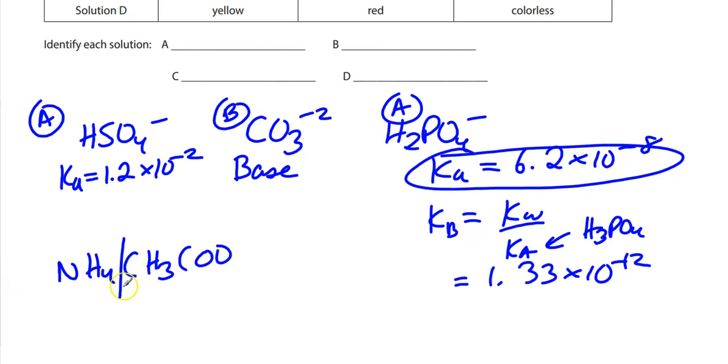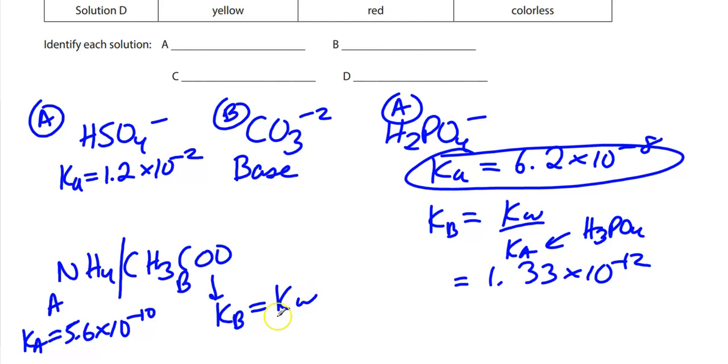And then here we have two things happening. We have an acid and we have a base. So this guy here, the Ka value is 5.6 times 10 to the negative 10. The Kb for this, we would have to compare the K. So again, we're doing Kw over Ka. This has to be for the acid form of that. CH3, where am I looking?